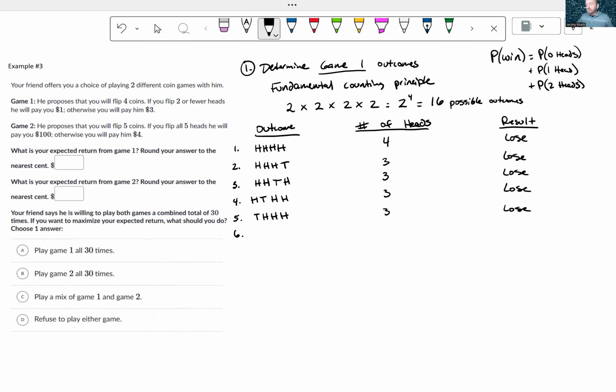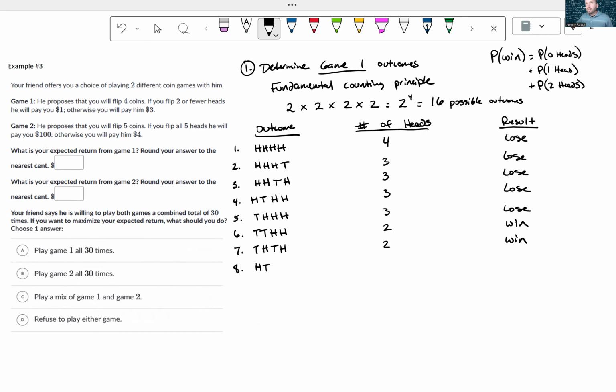Okay, tails, tails, heads, heads. This one we have 2 heads, and we would win. Okay, this one is tails, heads, tails, heads. And we win. And we're almost halfway done with our table. I know it's a little bit tedious here.